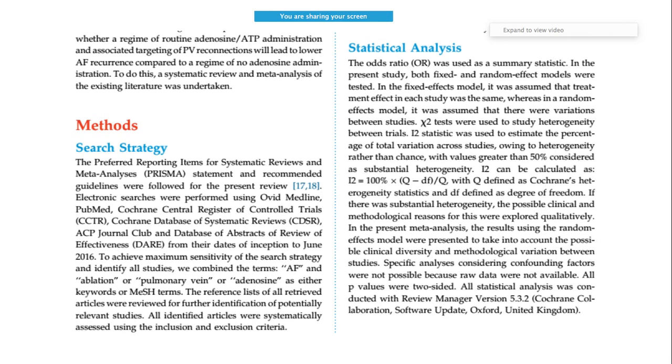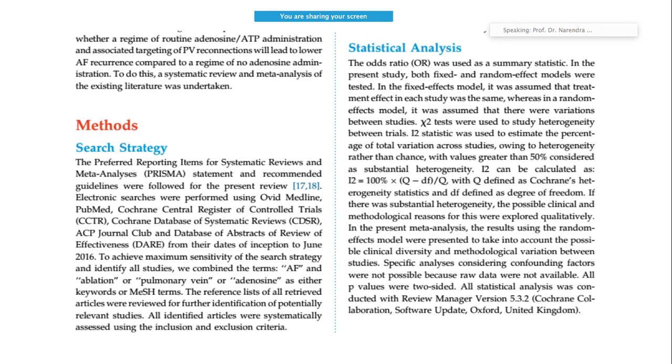Exactly. So in methods, we wrote about the search strategy, what we followed, and also about the statistical analysis. So in the search strategy, what can you read over here? What have we written? We have written our search strategy was using PRISMA.